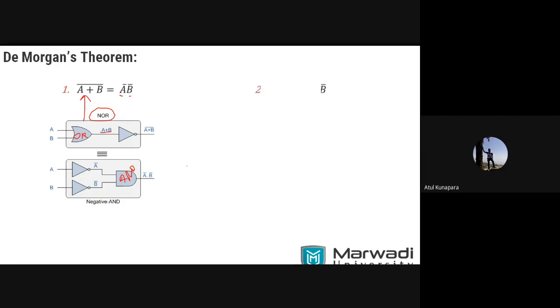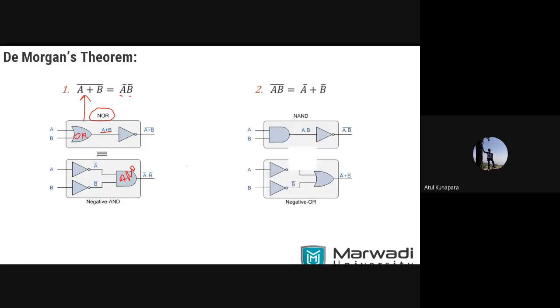And the second rule is, if you perform NAND operation of your inputs A and B, that is equal to performing OR operation of A bar and B bar, that is, break the line, change the sign again. You can show that with the help of a logic arrangement like this, with logical gates AND, OR and NOT.